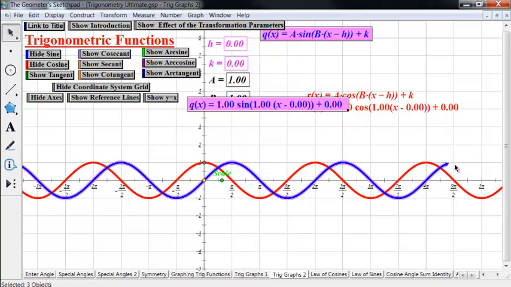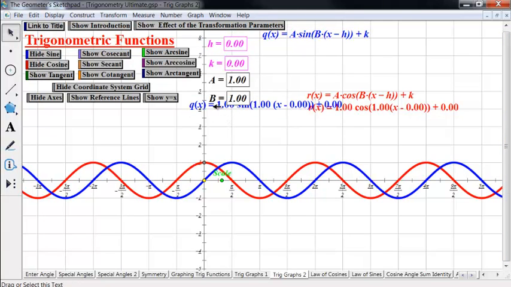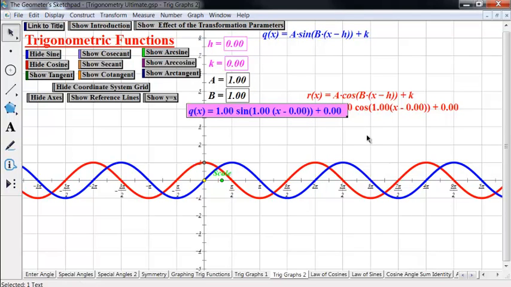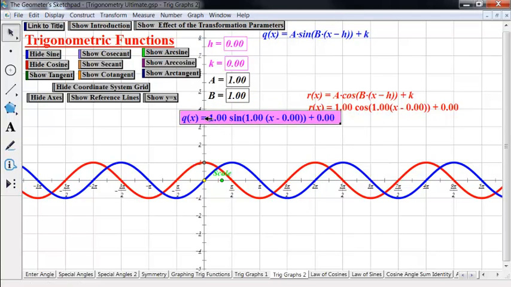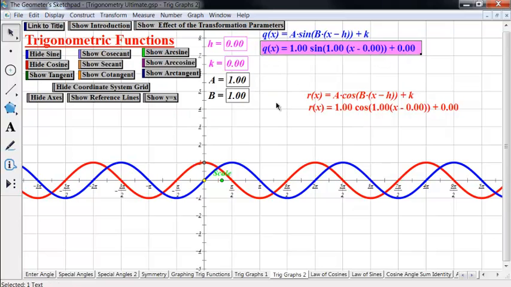It's also a wave, and it does keep going forever as well. But they're a little bit off of each other. Okay, and so we can see both sine and cosine graphs now. Sine is the blue one, and cosine is the red one. Okay, we'll come back in our next video and look at tangent.